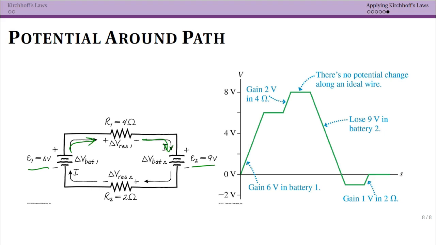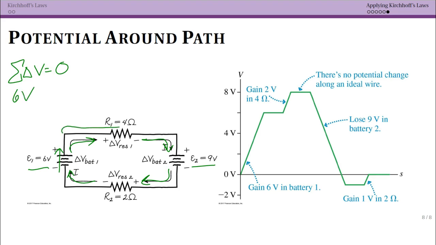And again, you want to make sure that it's going the same way around the entire loop. Well, in this case, we want to, as always, say that our total sum of delta V is equal to 0. Here we are going to have a gain of 6 volts, and so we start with 6 volts.